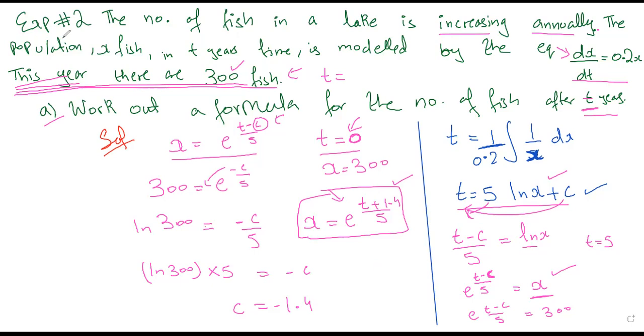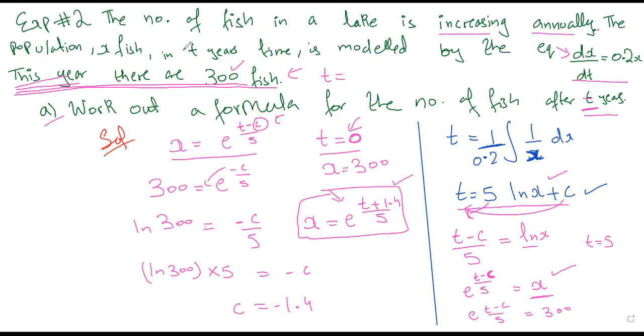Okay. Now again, the second part was to describe any limitations in this solution. So what do you think? The answer is a bit similar. After a certain amount of years, the number of fish won't exactly be.